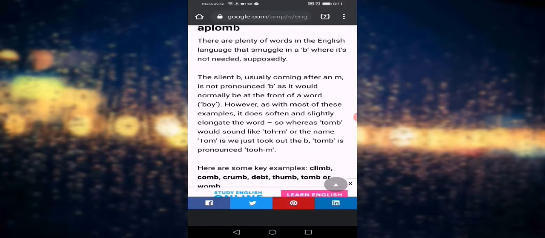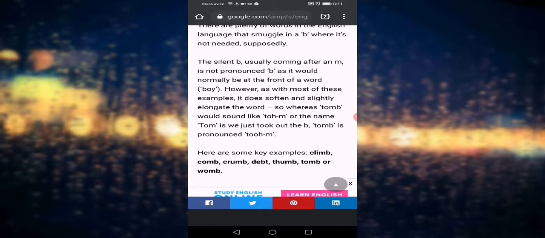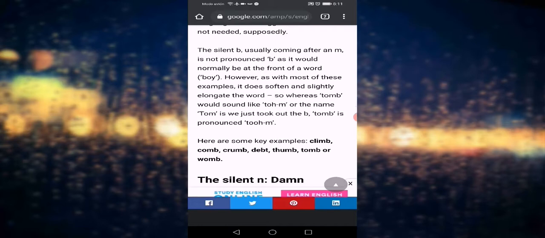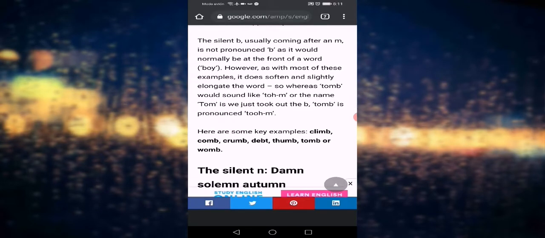So, Tom would sound like Tom, or the name Tom. If we just took out the B, Tom is pronounced Tom. Here are some key examples like climb, comb, crumb, debt, thumb, or womb.